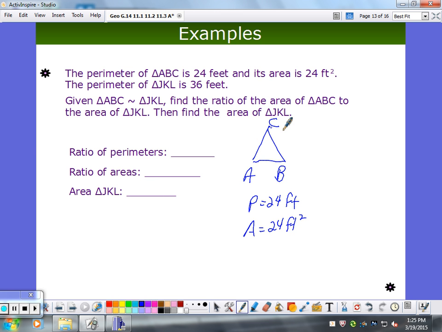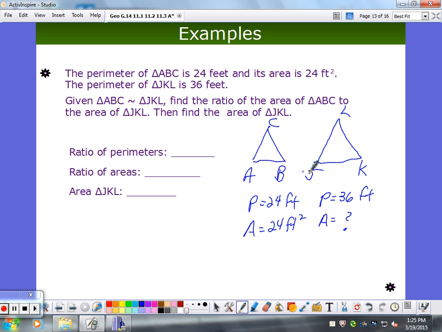I like drawing these little pictures with the information right next to it. Now, JKL is a similar triangle. When I label it, notice that this one is ABC, so JKL is oriented the same way. What do I know about this one? I only know its perimeter, and it's 36 feet. And they want you to find the area.